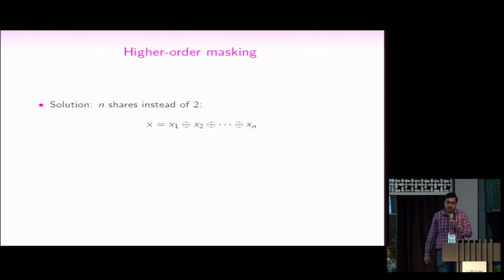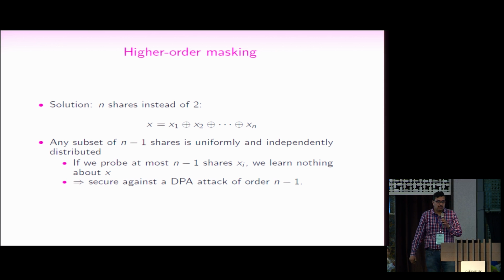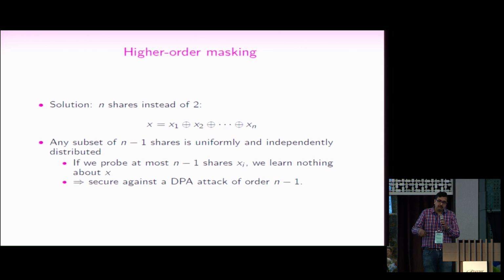So what's the solution? Just use n shares instead of 2 shares, where n is greater than 2. What we would desire is that any subset of n minus 1 shares should be uniform, random, and independent of the original secret.